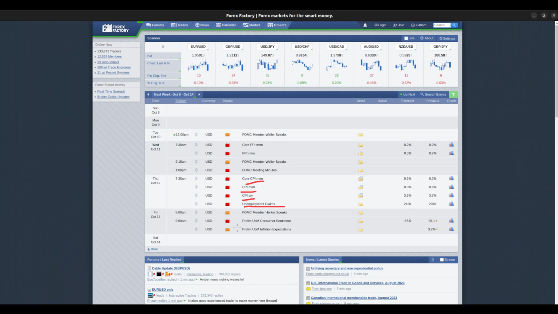Then on Friday, I'm not sure how important, we have the preliminary UoM consumer sentiment. This is pretty much how consumers in general feel about inflation, so forward-looking guidance, their inflation expectations. That's the best way to put it, right? And that's one of the tools in the Fed's toolkit.